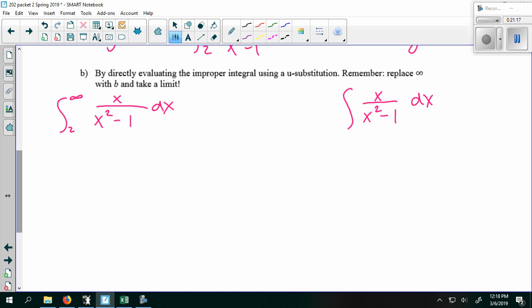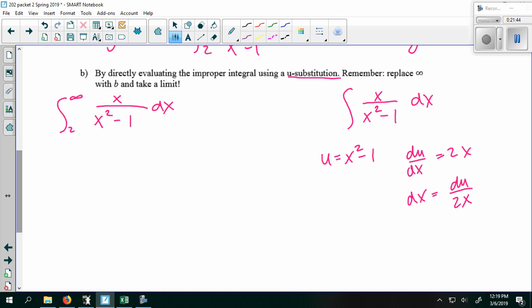I'm going to use a u substitution because the question suggests it. It's a good choice because the derivative of x squared, x, also shows up in the integrand. So I'm going to let u be x squared minus 1. Which means du dx is 2x, which means that dx is du over 2x.